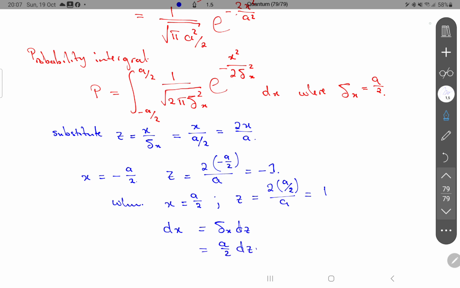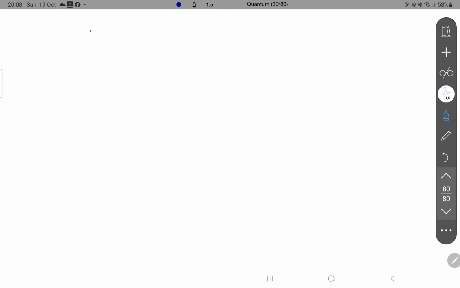So therefore, the probability is the integral from -1 to 1 of 1 over the square root of 2 pi sigma x squared, e to the power negative (sigma x z) squared all over 2 sigma x squared, times sigma x dz.